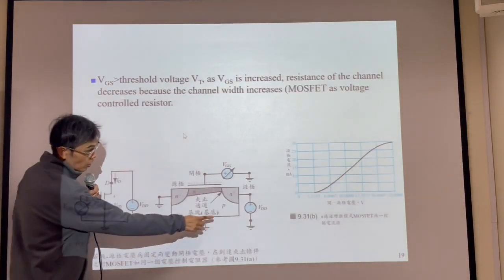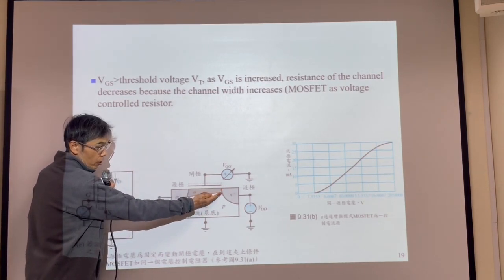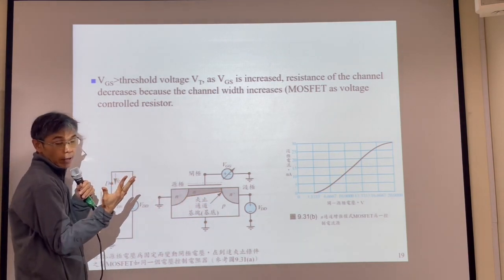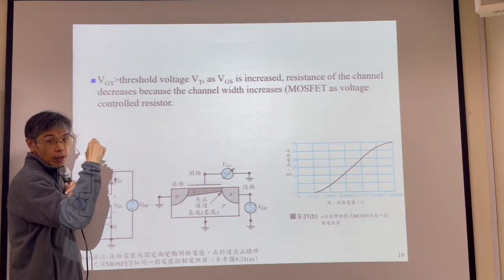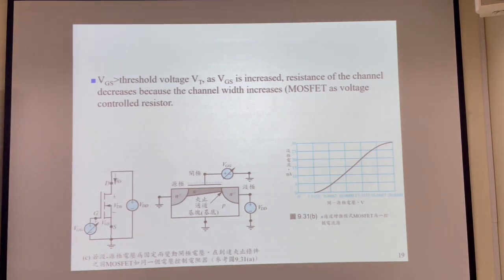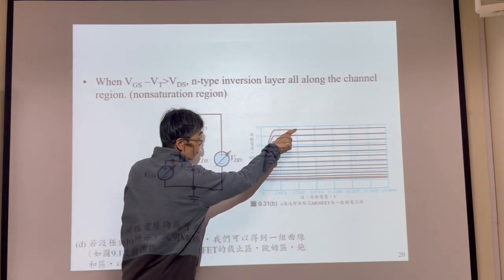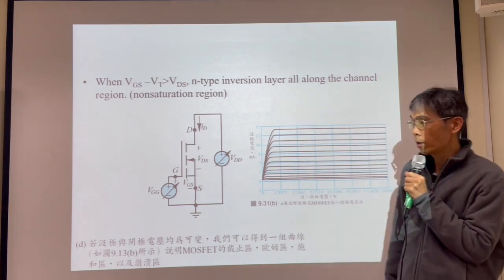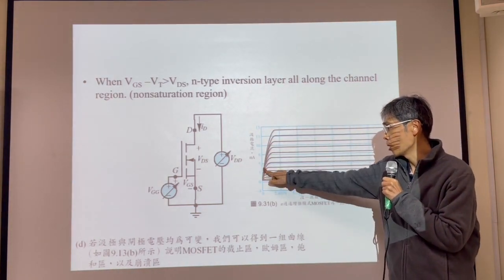If you increase VD to some value, this will decrease until this point, cutoff. In that area, the current will become some fixed value, like here. So the current will become a constant value. So this is the saturation area, and this is the non-saturation area.